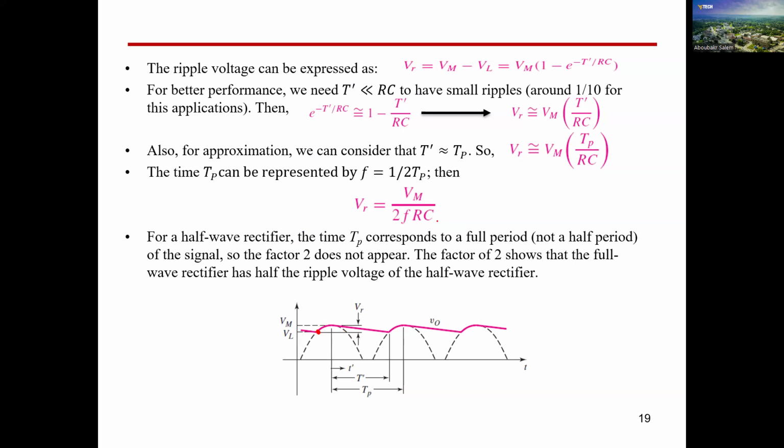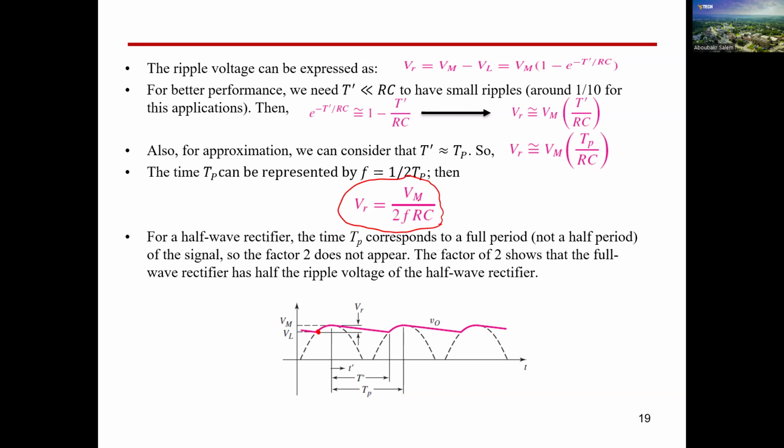You can follow the revision, guys, in order to see the steps just to give the relation, but you don't need to memorize this in our course, so it's not that important. We just care about knowing the result here. The ripple is going to be, by the end, V ripple equals V maximum divided by 2 F R C.